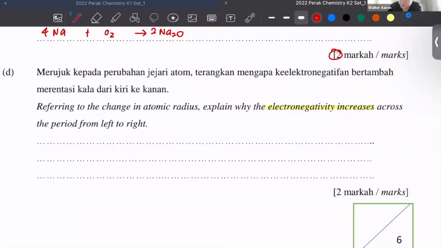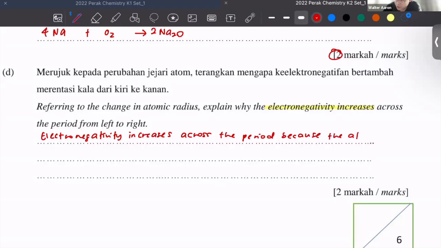So the first answer they must put inside will be very simple. You can just say that electronegativity increases across the period because the atomic size of each element decreases gradually.